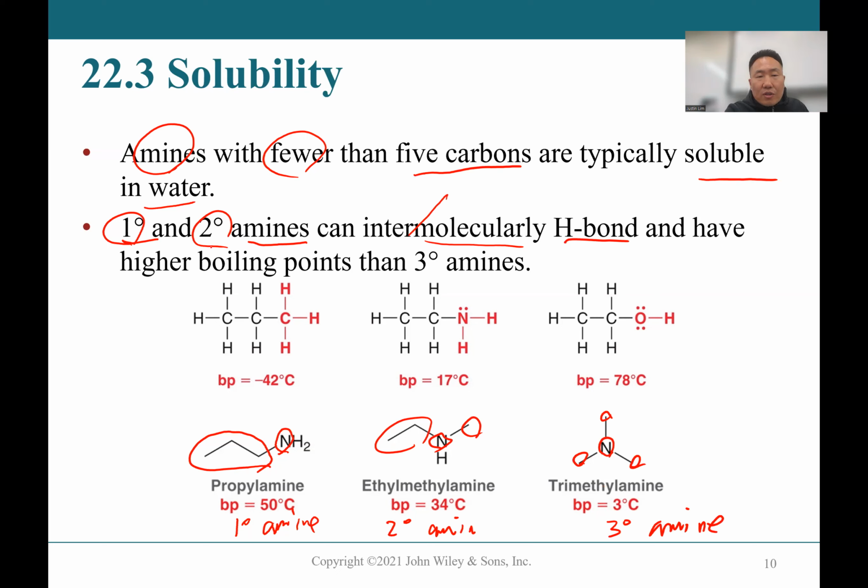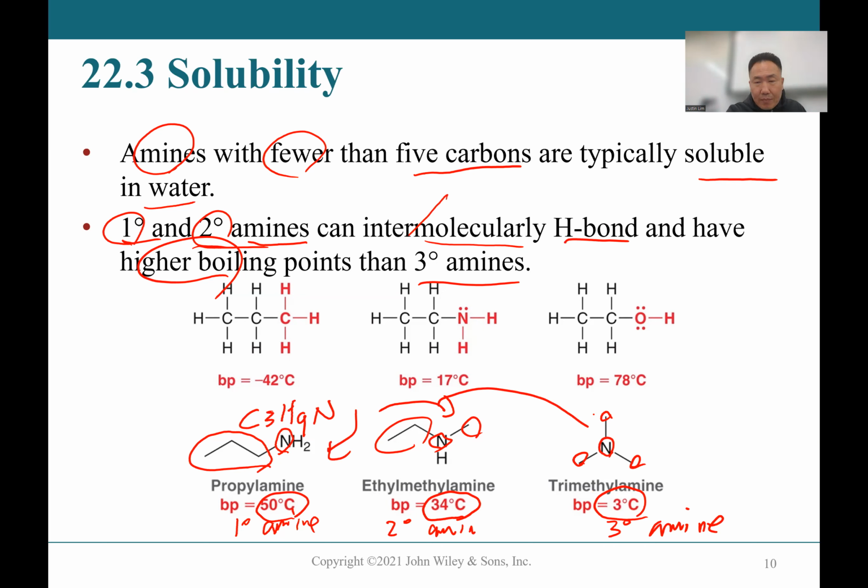Primary and secondary amines can hydrogen bond intermolecularly and have a higher boiling point than tertiary amines. Primary amine, 50 degrees Celsius. Secondary amine, 34 degrees Celsius. Tertiary amine, 3 degrees Celsius. When you check the molecular formula, it's C3H9N, all the same, but you can see different boiling points.